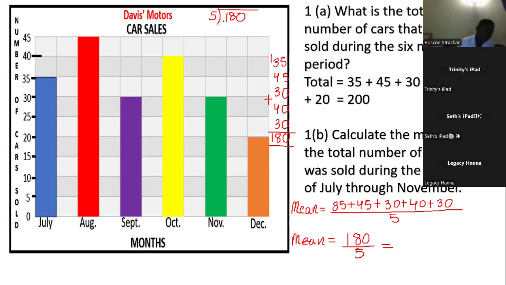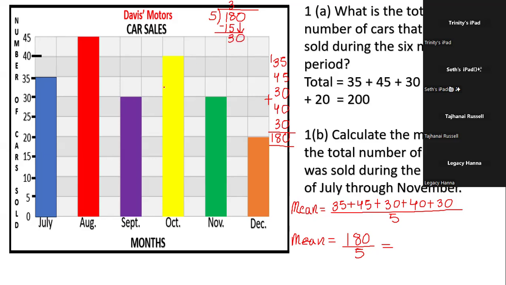So we say 5 into 180. How many times does 5 go into 18? 3 times. So 5 times 3 is 15. We do 18 minus 15. 8 minus 5 is 3. Bring down the 0.